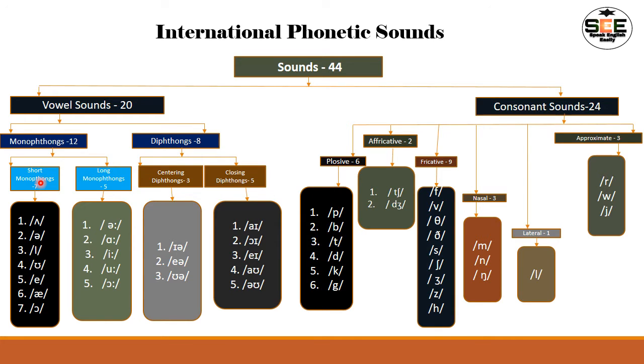First of all, short monophthongs are 7. Number 1 is written like an a, but not exactly a, with a slash. Always remember two things whenever we write any sound in IPA, the International Phonetic Alphabet: we should write the symbol between slashes, and always in small letters.